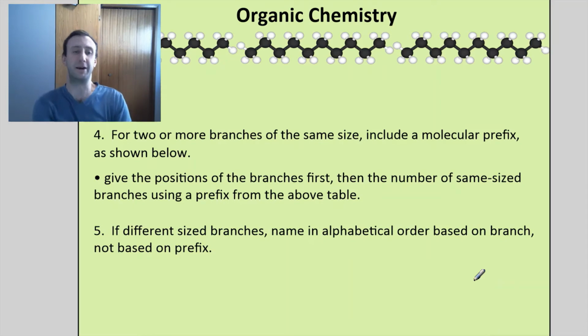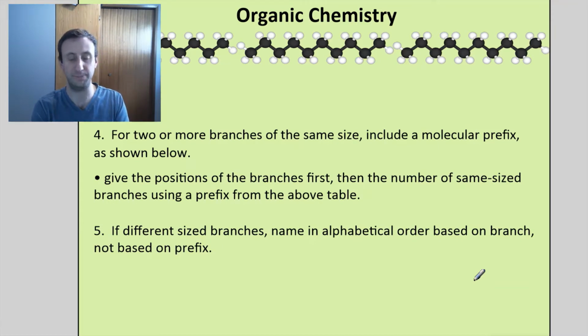Then from there, you are going to name your branches and tell the position of those branches. So once you've numbered your parent chain, you're going to say the number that your branch is at and then the name of your branch. Now, the name is similar to what you just saw on the previous page. It's methyl, ethyl, propyl for one carbon, two carbons, or three carbons in the branch.